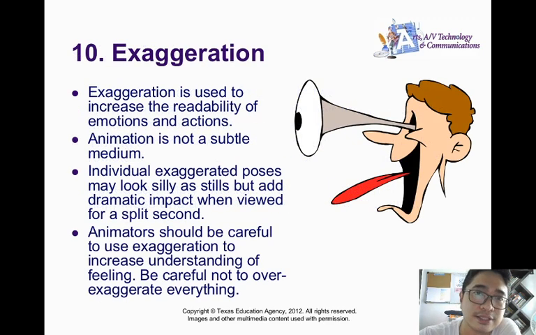Next will be exaggeration. Exaggeration is used to increase the readability of emotions and actions. Dito sa part na to, exaggeration has been present, kumbaga, even before pa. Isang example ko dito is that when I was watching Tom and Jerry, kasi there are a lot of exaggeration in that cartoon kasi yun isa sa mga favorite namin dati.